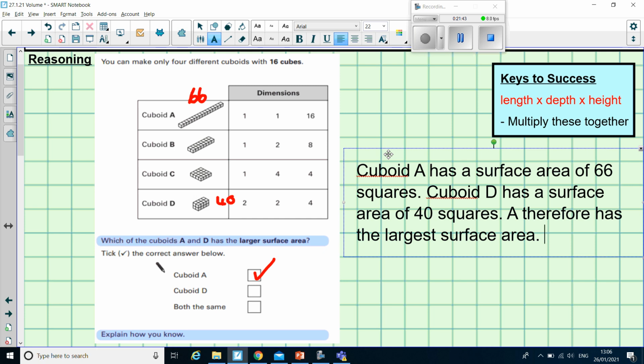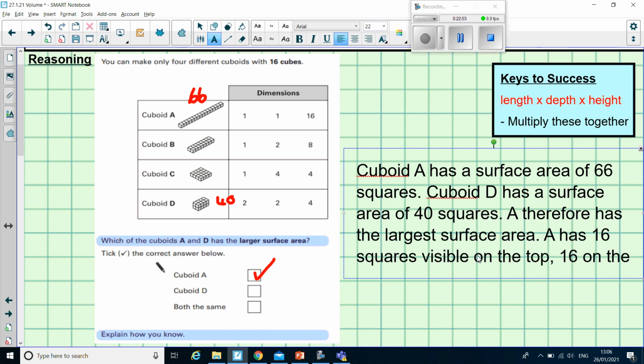And then I would go into the detail. A has 16 squares visible, so we can see them, visible on the top, 16 on the right side, 16 on the left side, and 16 on the bottom.